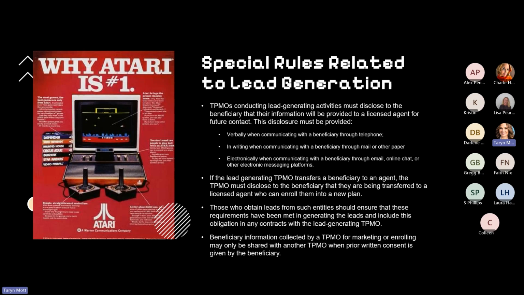If the lead generating TPMO transfers a beneficiary to an agent, the TPMO must disclose to the beneficiary that they are being transferred to a licensed agent who can enroll them into a new plan.